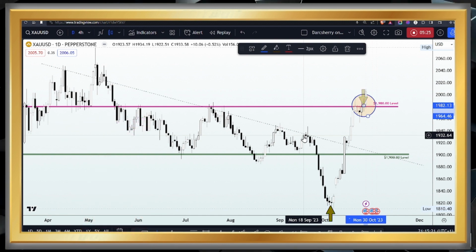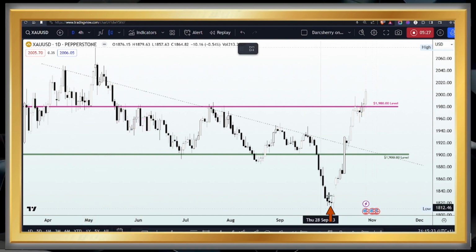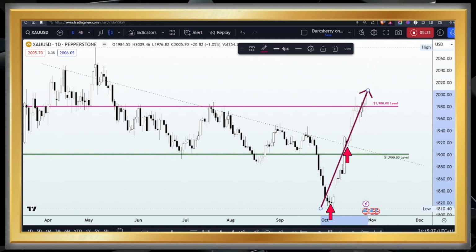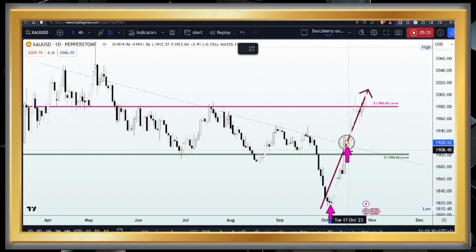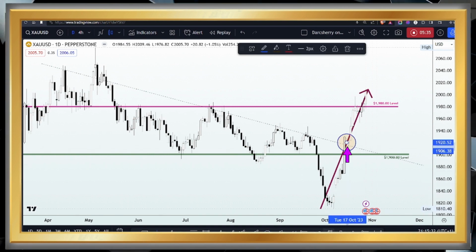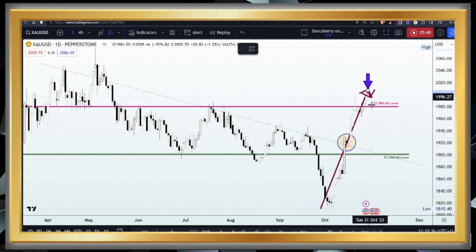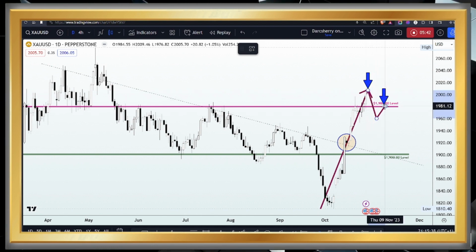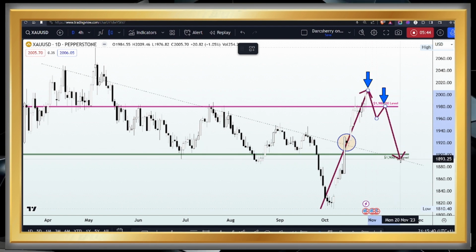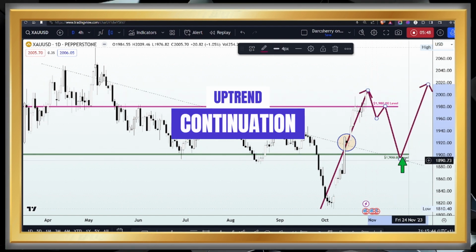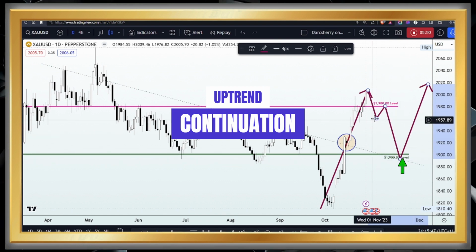And in fact, if we take into consideration the impulsive move that broke out of that descending trend line, there are still chances that price could do some retracement, which could be a reflection of profit-taking activities, back to retest that descending trend line in anticipation of another uptrend continuation.